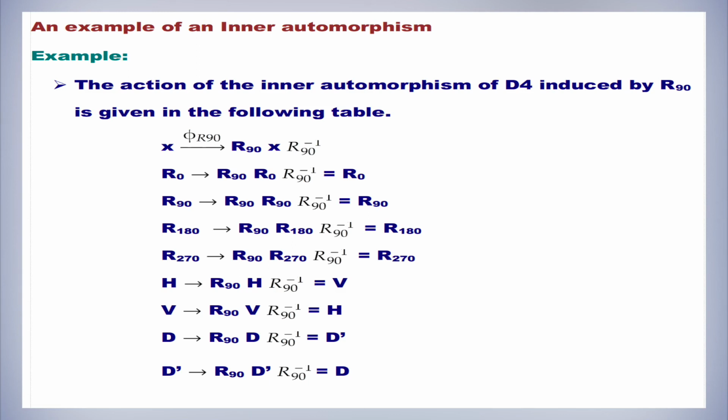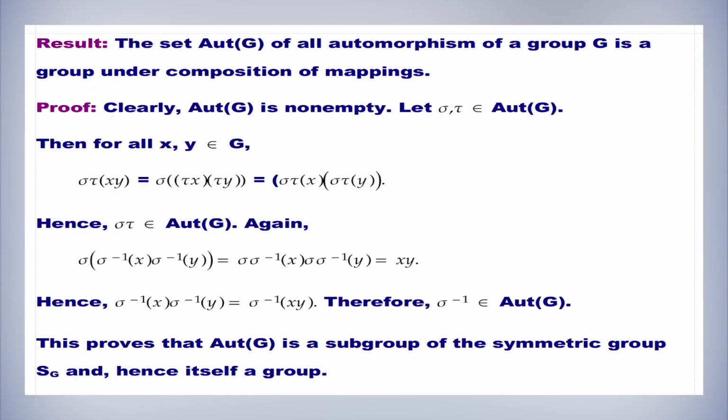R270 goes to R90 R270 R90 inverse, which is equal to R270. H is mapped to R90 H R90 inverse, which is equal to V, and V is mapped to R90 V R90 inverse, which is equal to H. D is mapped to R90 D R90 inverse, which is equal to D dash, and D dash is mapped to R90 D dash R90 inverse, which is equal to D.